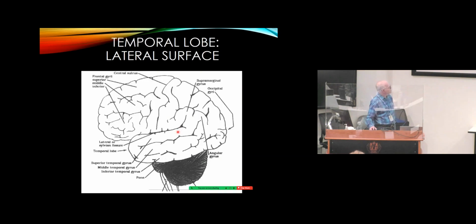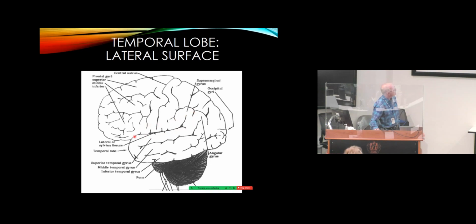Now, first of all, in lab, I'll tell you, put your finger right in the Sylvian fissure right here. And if you do that, your finger will rest on what's called Heschl's gyrus. Okay, so in the next picture I'm going to show you, we actually dissected away this whole part of the brain right here.